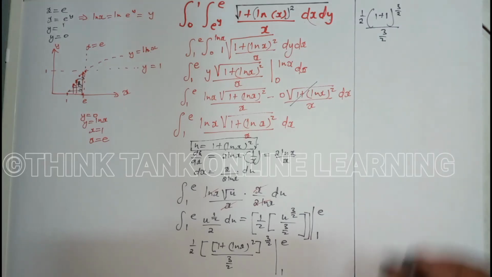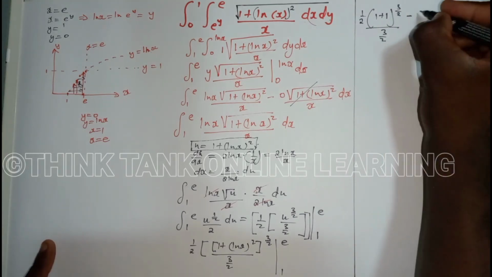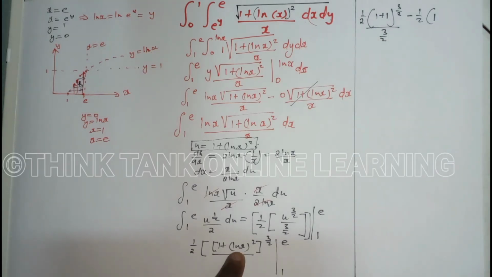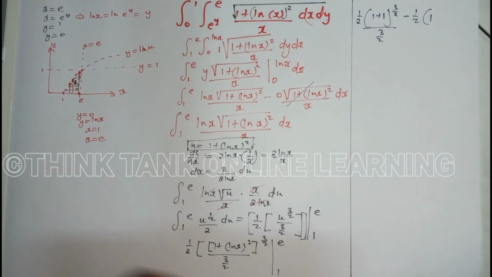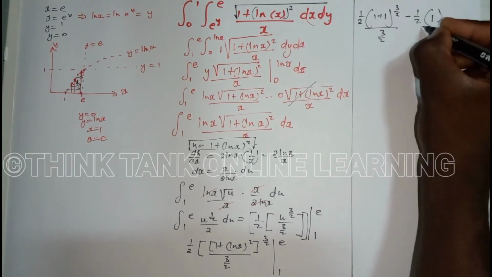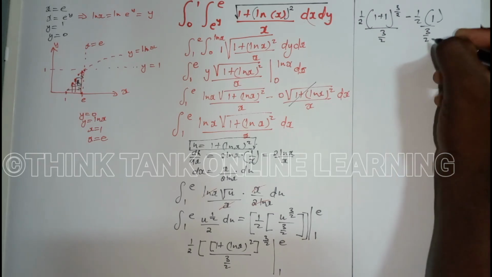And we're going to say minus 1/2. We're going to have 1 here, and we know that ln 1 is 0, so we're going to have 1 to the power 3 over 2. That is not going to change anything, so we're going to have divided by 3 over 2.